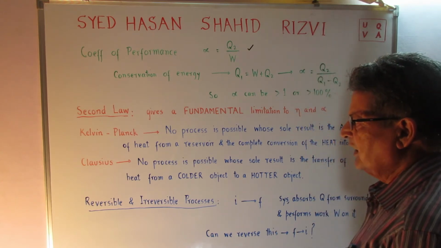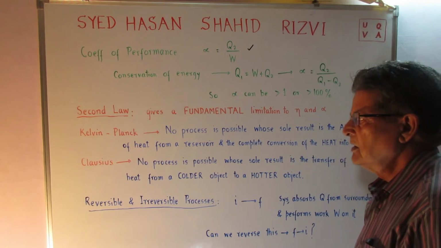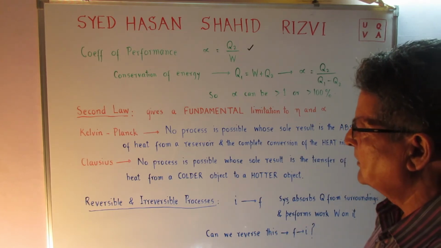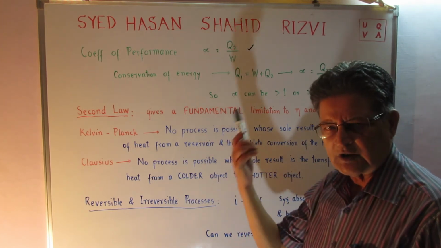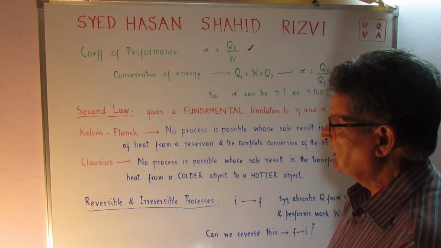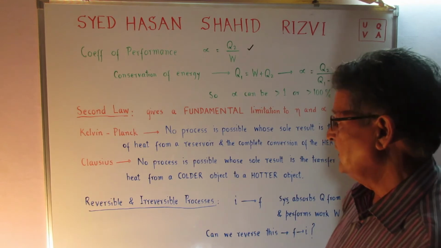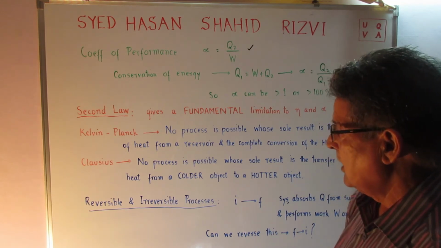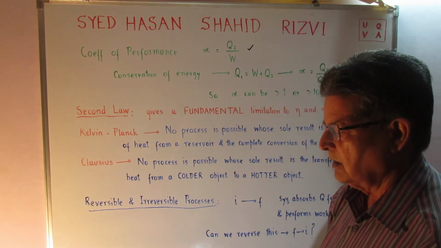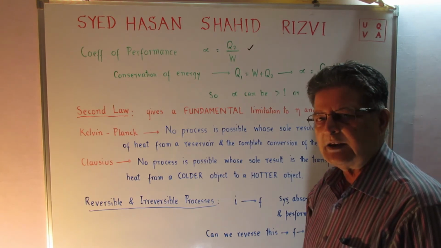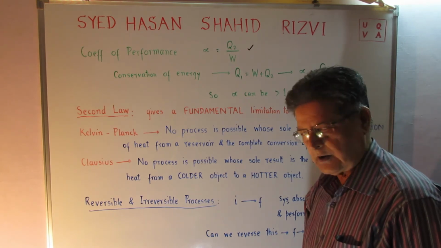So now we have learned three laws of thermodynamics. The zeroth law of thermodynamics, the first law of thermodynamics, which is nothing but the law of conservation of energy, and the second law, that heat cannot convert completely into work.